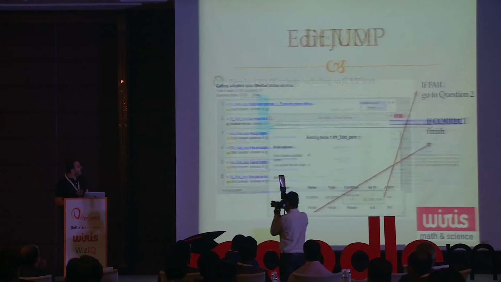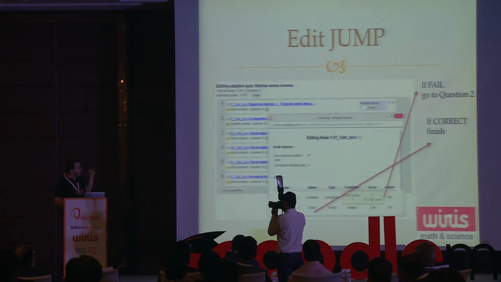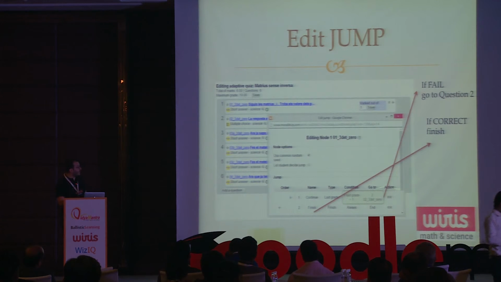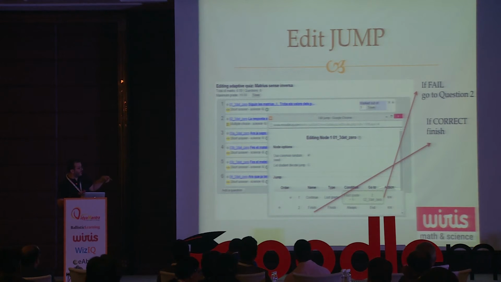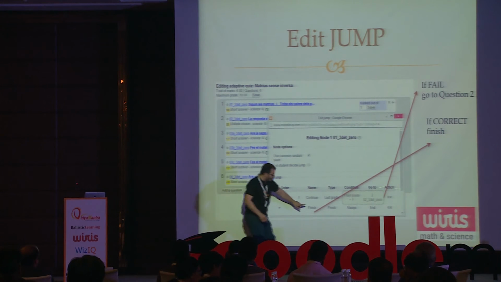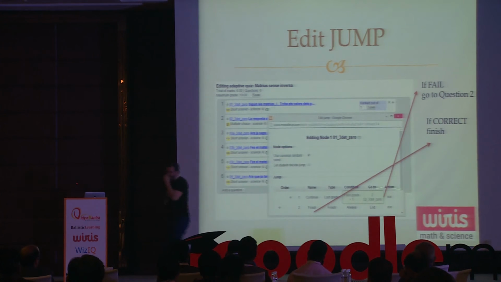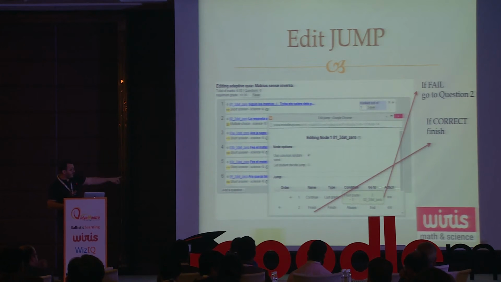So when you press that, you go into a little window where you can control the jump. You will have a series of definitions, like what to do if he's doing fine. If he's doing fine, let's say he will finish this question. And the other arrow is very simple. If he's not doing fine, go to question 2. Okay, so you can basically map the activity.